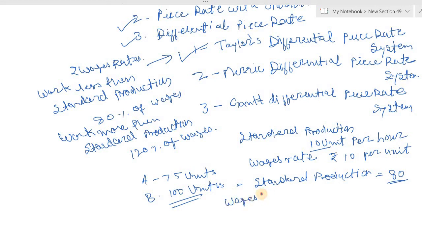Wage rate for A per hour is 80%, because A's production is less than the standard production. Then the wages for A per hour will be 80% of 10, which is 8, and the wage rate for B will be 120%, which will be 12 per hour.